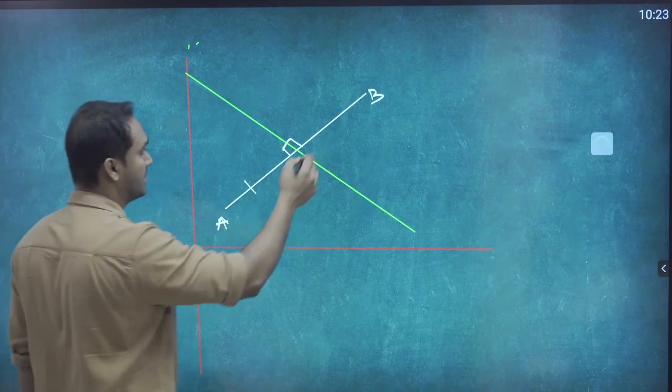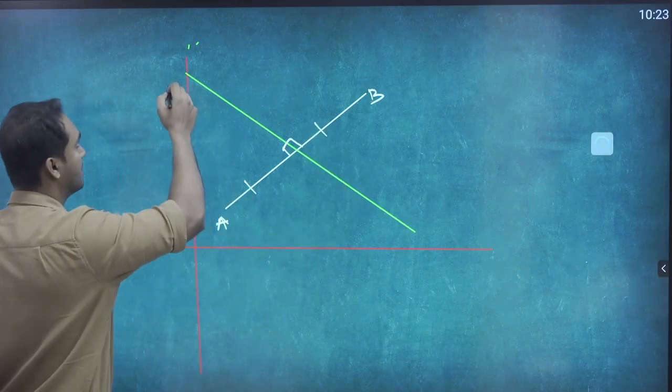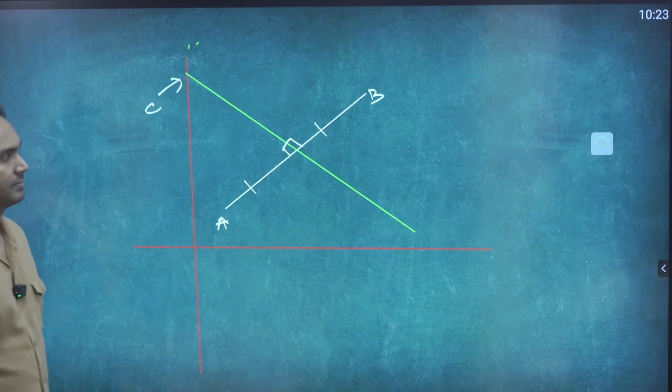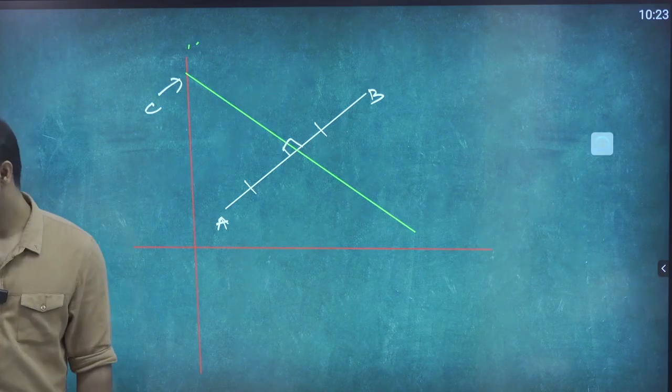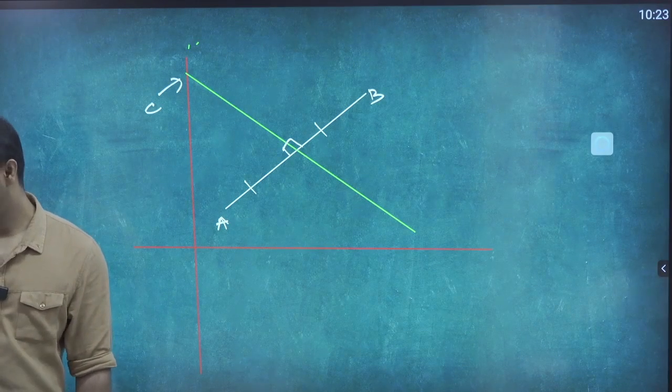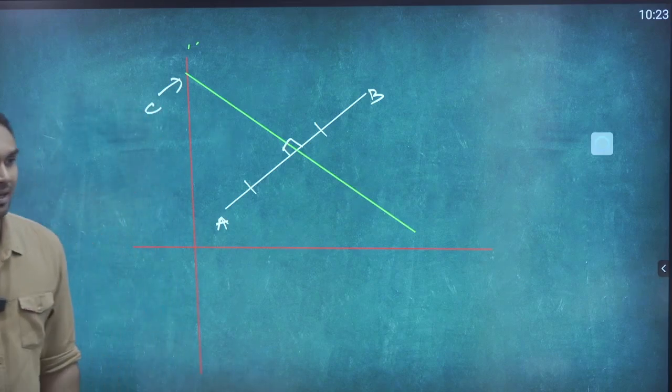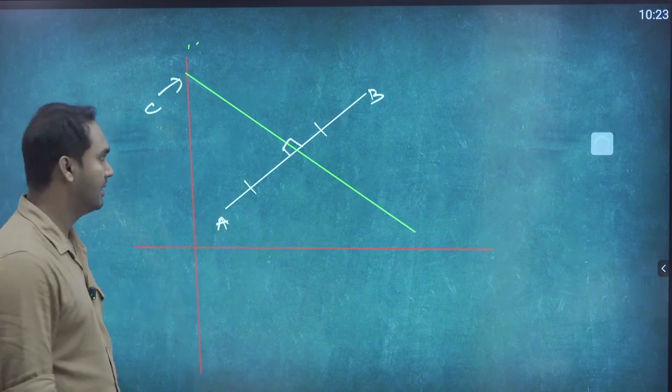So these two parts are equal and the question is asking for the intersect. We'll take it as C. You have to find the intersect. It looks nice now. Thank you. So find the C. How do you find the C? And tell me the A and B values now.